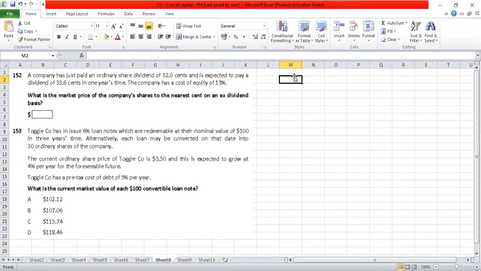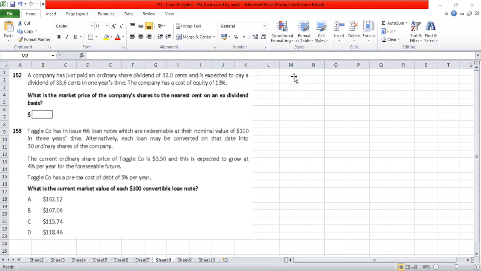There is a time period of only 1 year, in 1 year's time. So in a time span of 1 year, the ordinary share dividend of 32 cents is expected to become a dividend of 33.6 cents.